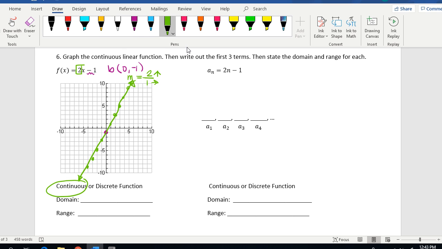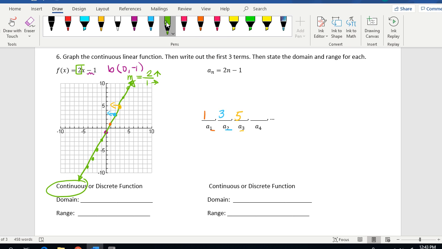But I want to show you 2 ways that you can find these first 4 terms. So one, I can use the graph, okay? So when I'm at a sub 1, I go when x is 1, my y is 1. Then a sub 2, my y is 1, 2, 3. A sub 3, my y is 5.